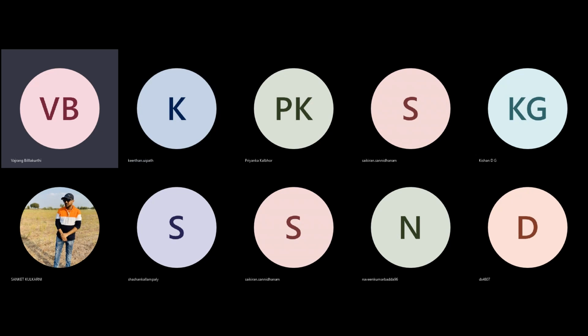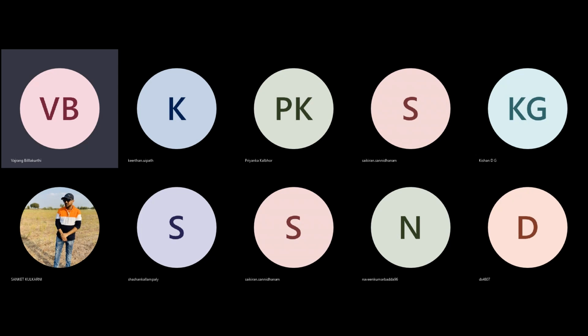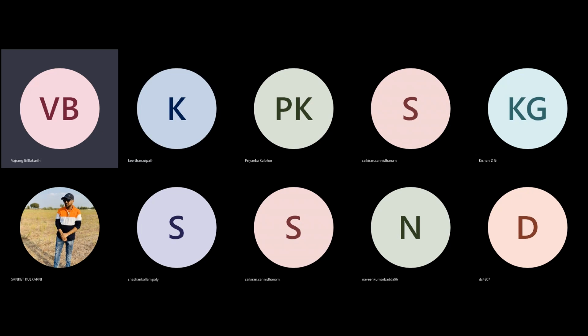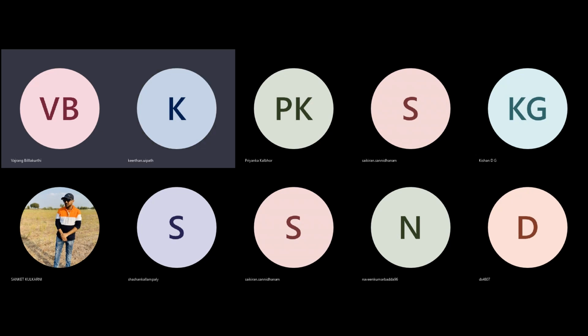You will be able to see all the members who made the changes in your GitHub. And if you go to history, you will see what changes were made and who made which change.